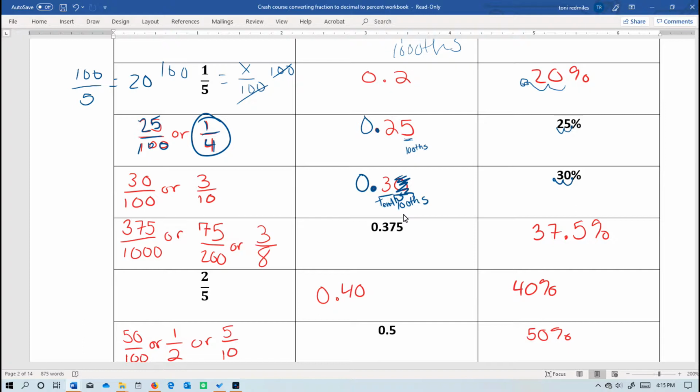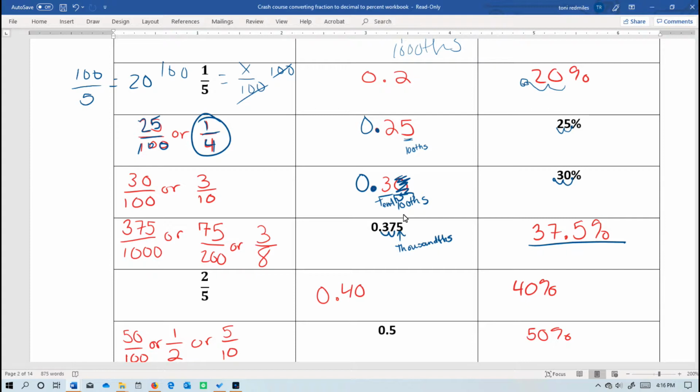All right, I'm going to move this decimal 2 places to the right, making it 37.5%. If I make this a fraction, I got to look at the last digit. It's in the thousandths. So I'm going to put that numeric value over 1,000. I can reduce it down. In my first step in reducing, I did 75 over 200. Saw that I had to keep going, and that's 3 over 8.